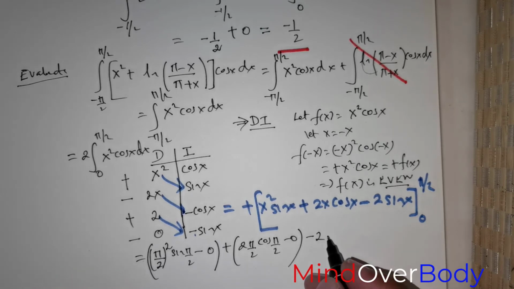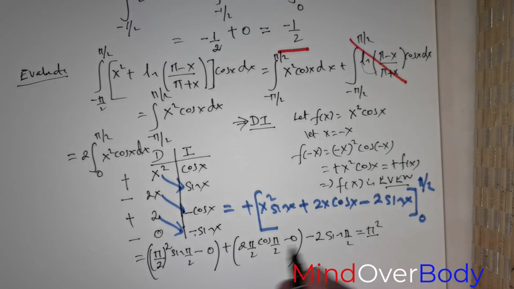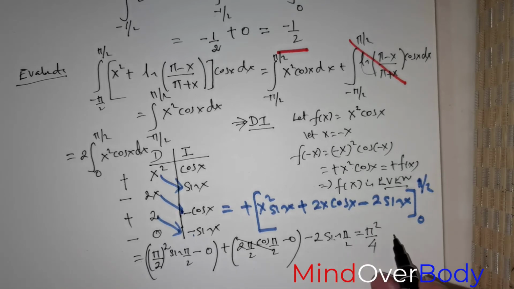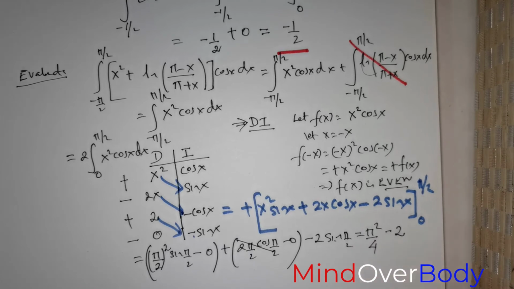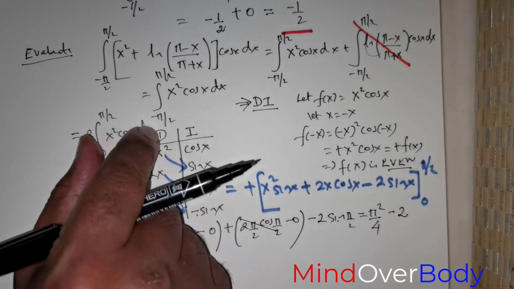This is followed by negative 2 times sin pi over 2. So this is equal to pi squared divided by 4, and this is going to give me negative 2 here, right? That's fine.